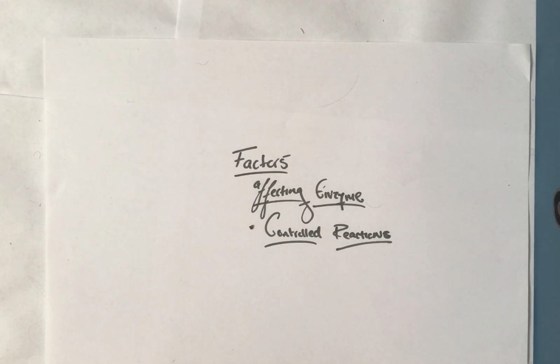In today's video, we're going to be looking at the factors which affect enzyme-controlled reactions. Now, if you didn't see the previous video on enzymes, an enzyme is a biological catalyst. It is also a globular protein.